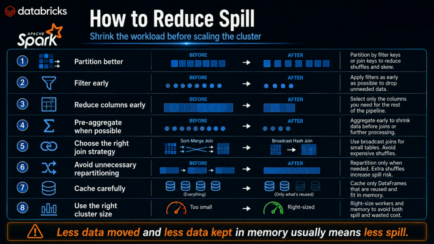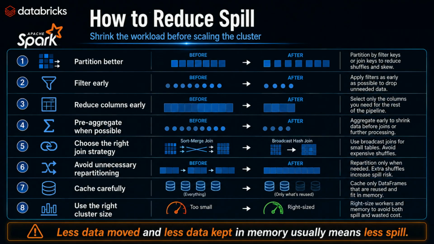To reduce spill, shrink the workload before scaling the cluster. First, partition better. Use keys that distribute data more evenly and reduce skew. Second, filter early. Remove unnecessary rows as soon as possible. Third, reduce columns early. Wide data uses more memory, so select only what you need. Fourth, pre-aggregate when possible. Shrink the data before joins or further processing.